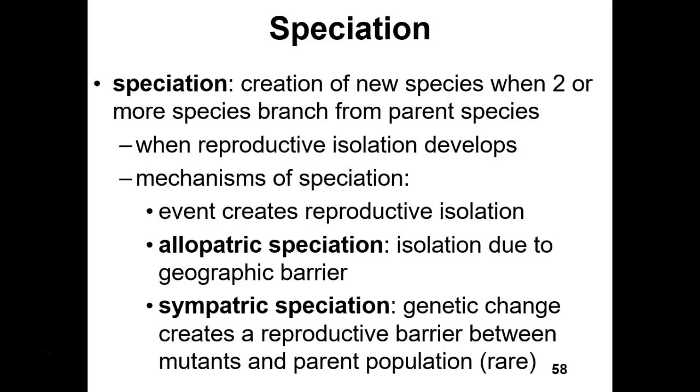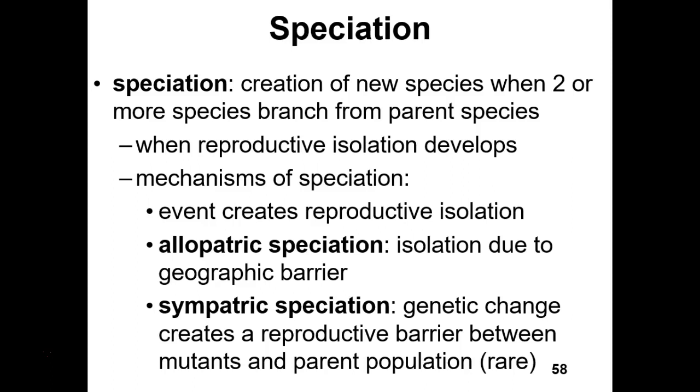Either allopatric speciation, where a barrier is formed, so continental drift produced a very large barrier within populations because of the ocean.